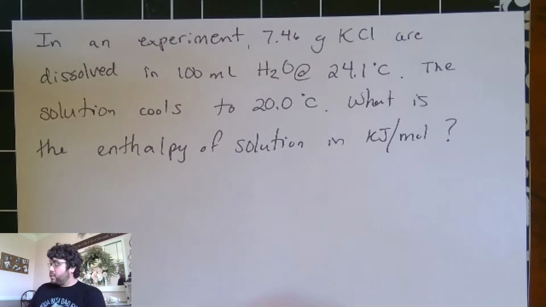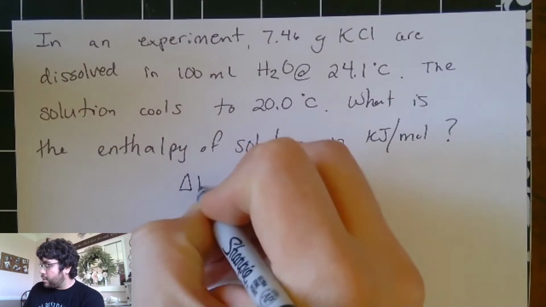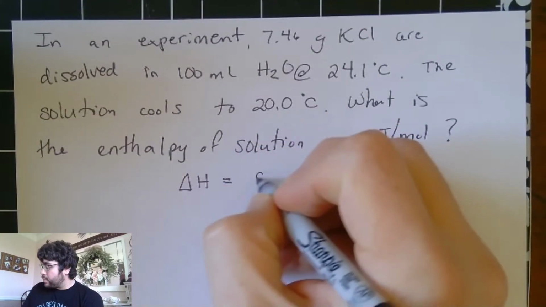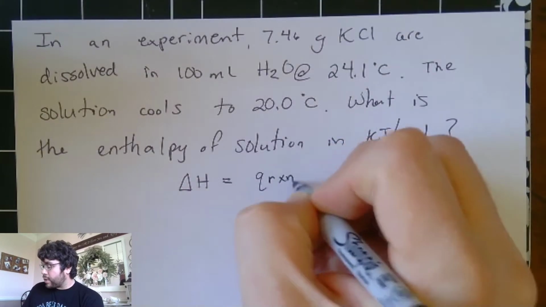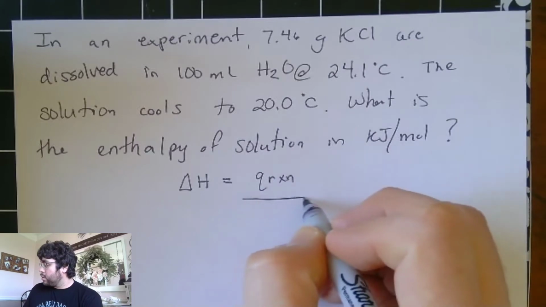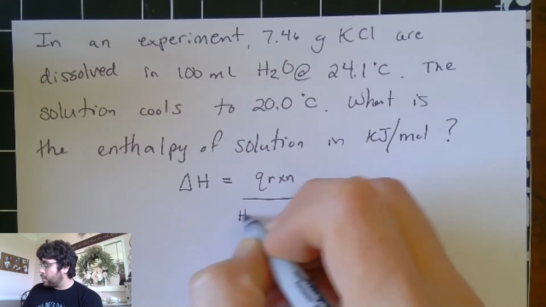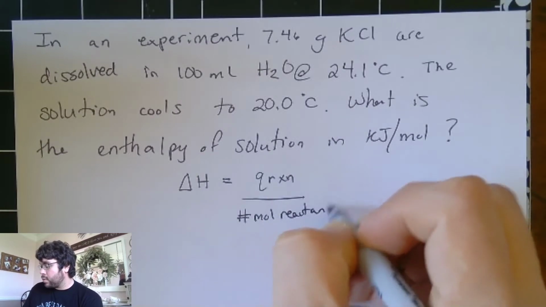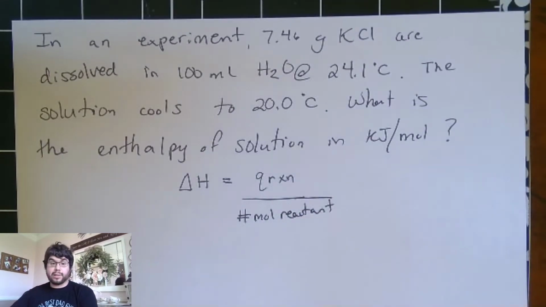So remember, the enthalpy of a solution at the end of the day is going to be equal to the amount of energy that the reaction produces, whether that's endothermic or exothermic, divided by the number of moles of reactant that happened or were used in that process.